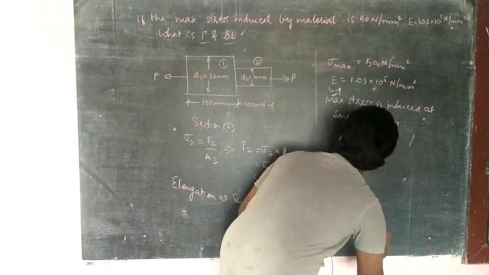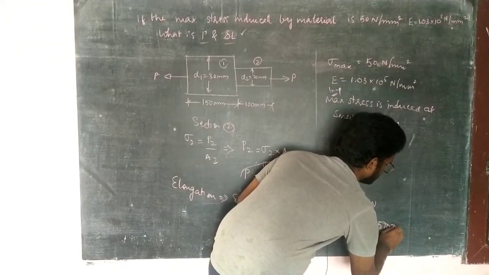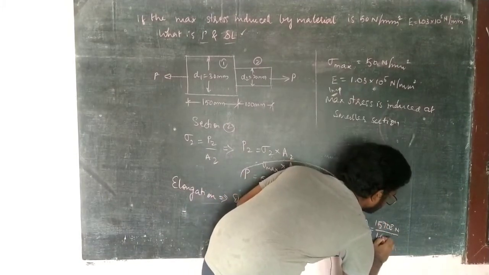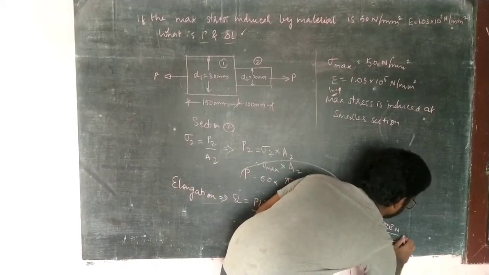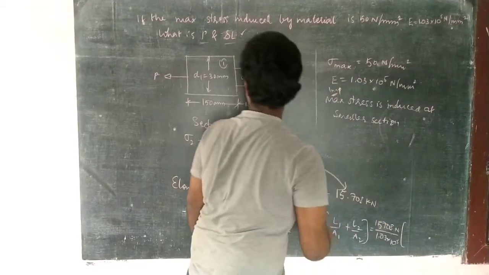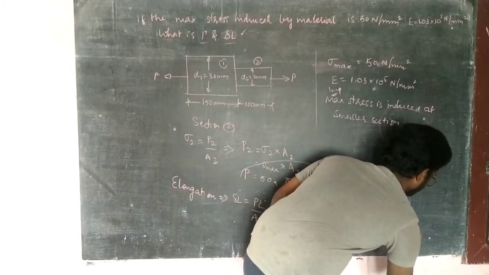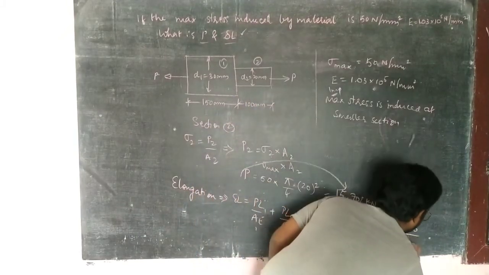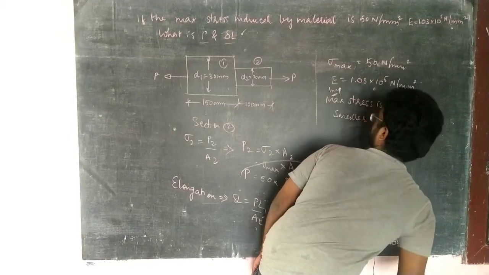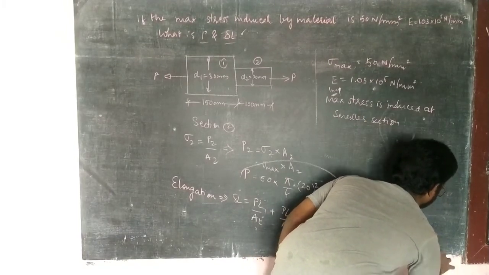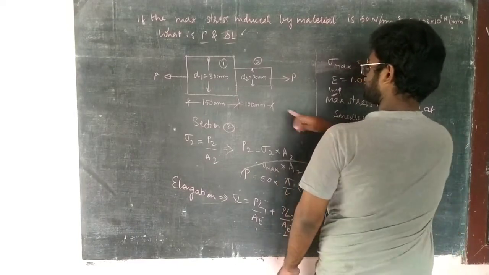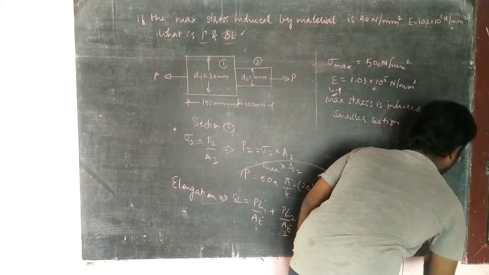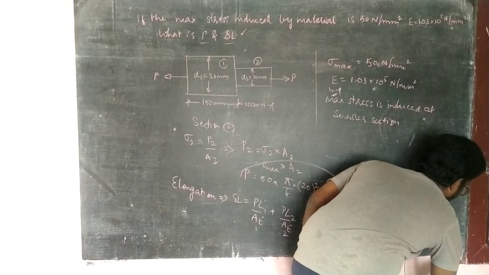We have P as 15708 Newton divided by E, which is 1.03 into 10 raised to 5, into L1, which is 150, divided by A1, which is pi by 4 into the diameter, 30 square, plus L2, which is 100, divided by pi by 4 into 20 square.